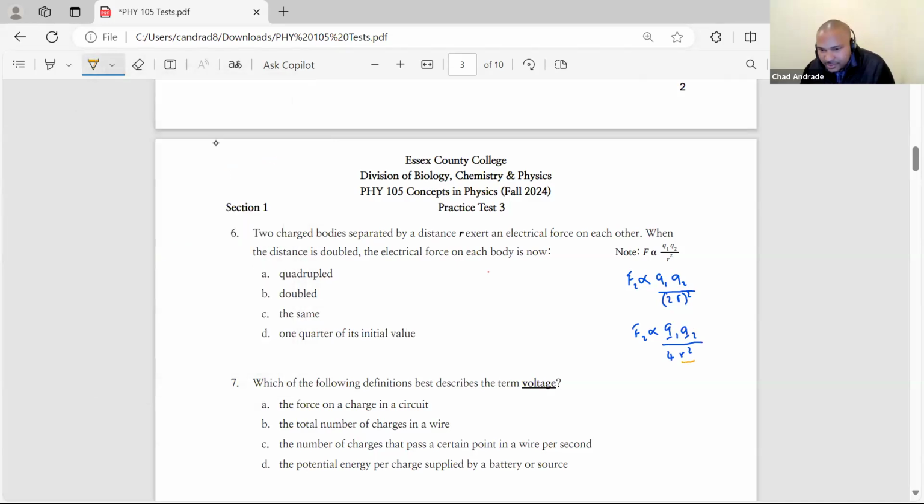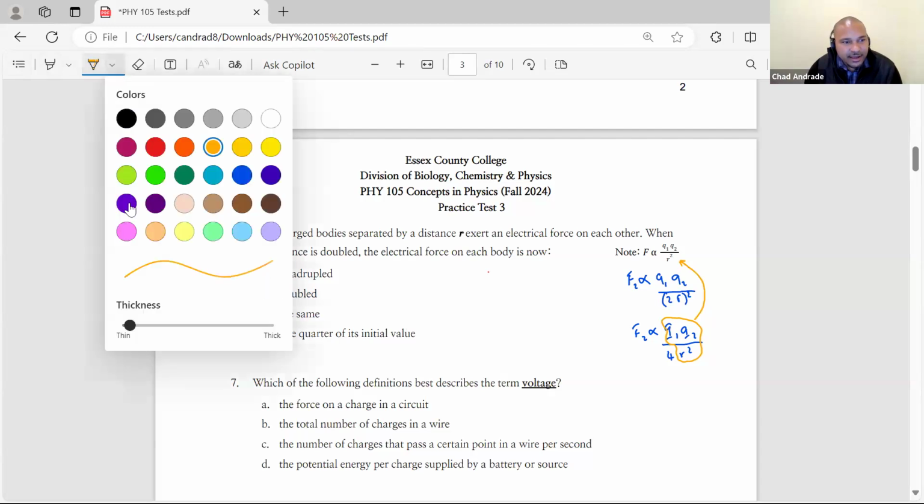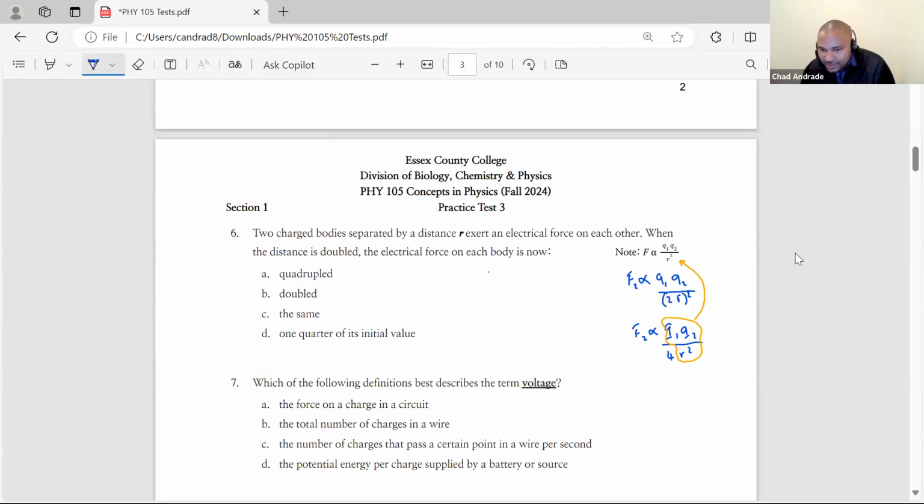If you realize that this part that I'm putting in the bubble is what we defined as F up top, F equals Q1, Q2 over R squared. So if you look at it, and this is the one where I don't want you guys to be tricked, F2 is proportional to 1 over 4 F1.